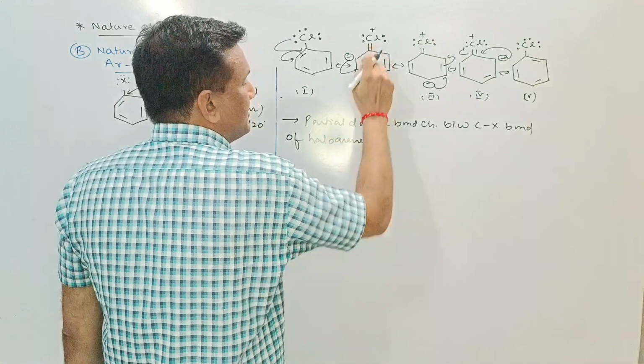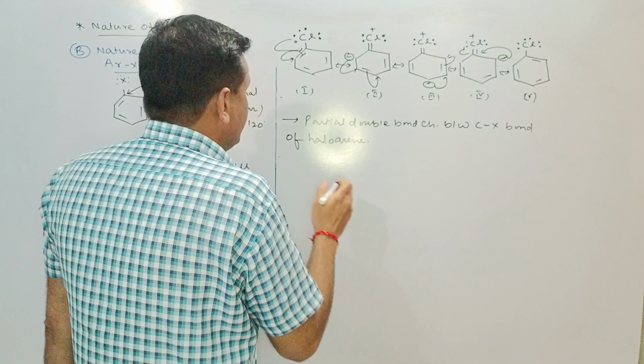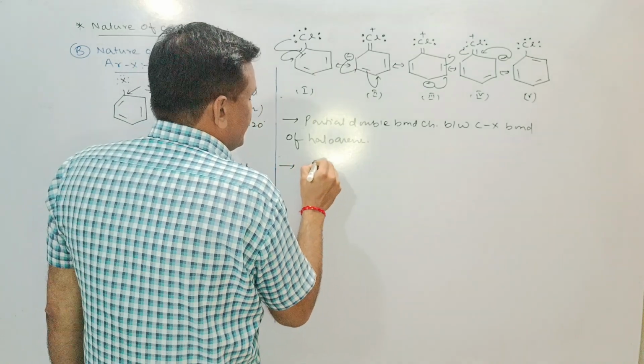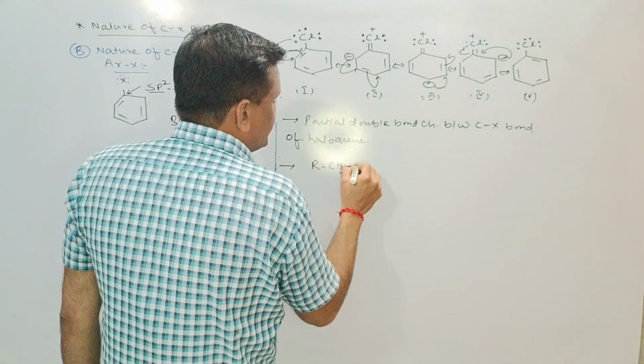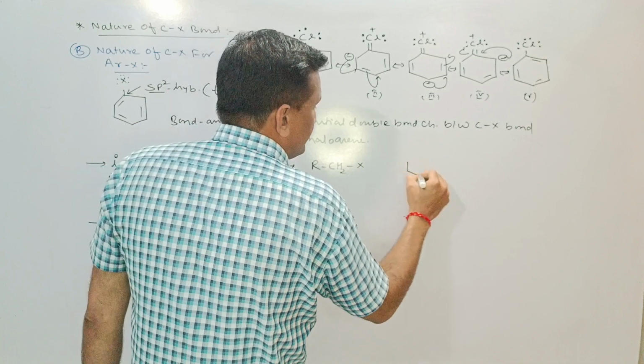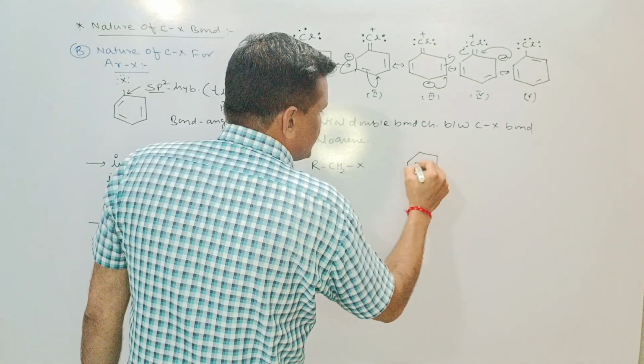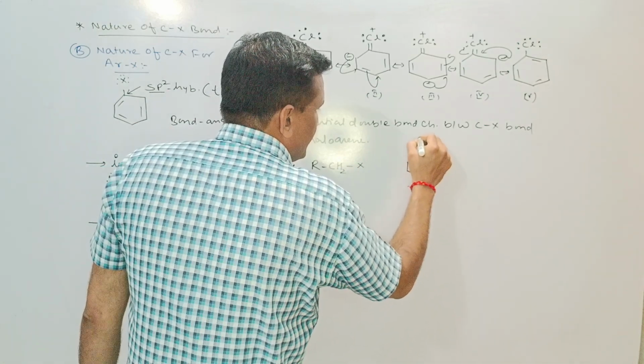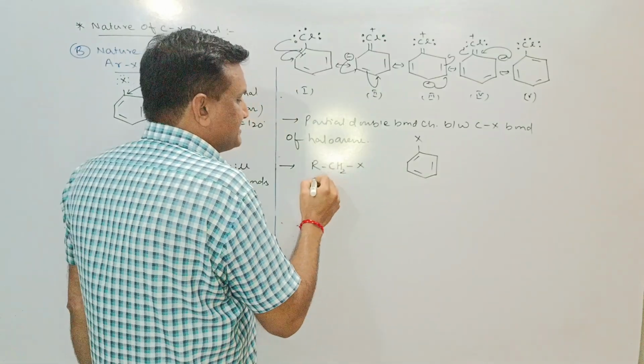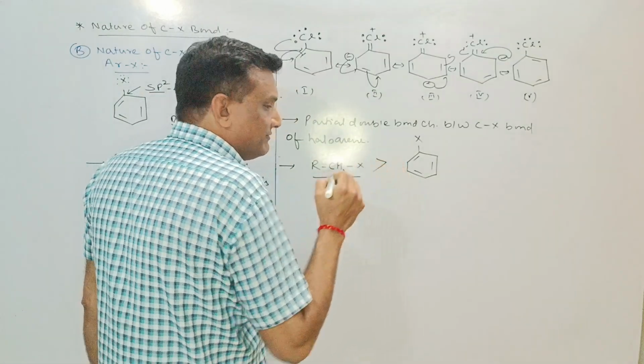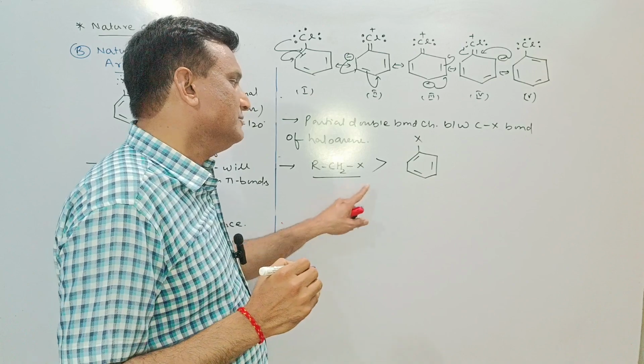That's why it is not easier to dissociate the bond as compared to the C-X bond of haloalkane, which means haloalkane will be more reactive as compared to haloarine.